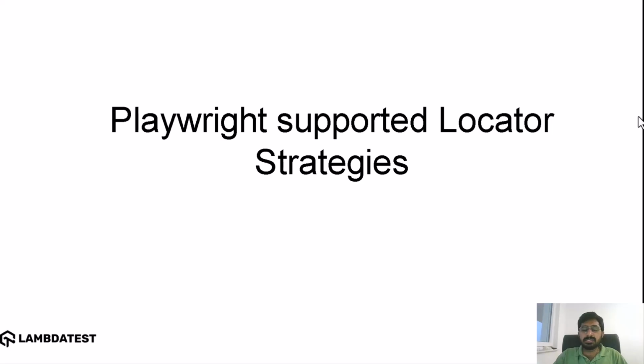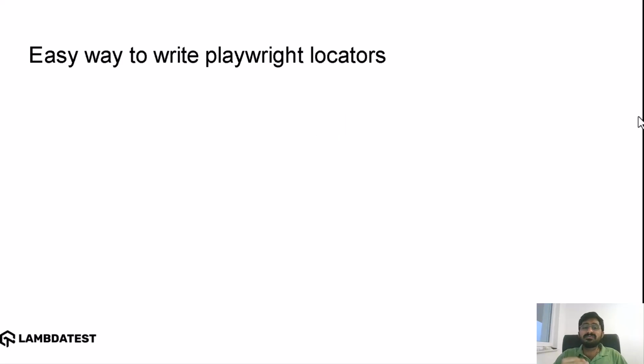So what I'm going to teach you next is the easy way to write the locator which Playwright accepts. The very simple way is you can write either a CSS or an XPath. We are just going to focus on CSS or XPath. The reason is that all the different attributes which we have seen so far, title, data test ID, placeholder, text, all of these can be easily converted into a CSS.